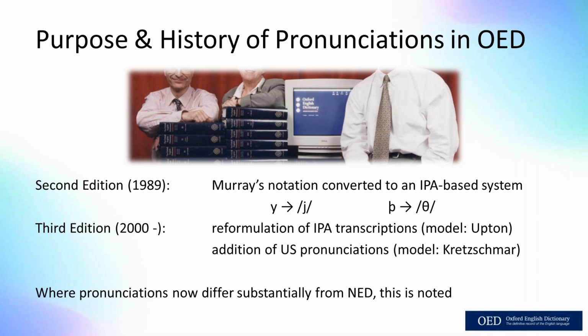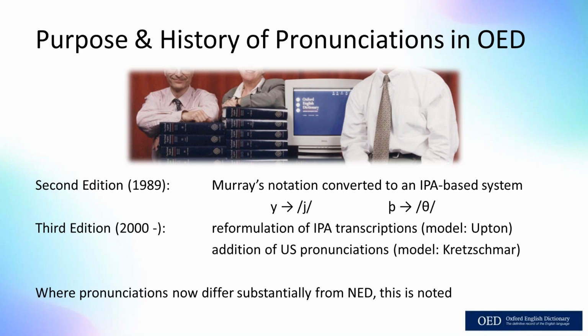So as Matthew mentioned just now, for instance, in the examples on the slide, Murray used a Y-like symbol for the sound y, and then in the second edition, moved to the IPA symbol that looks like a lowercase j. Murray's choice of a thorn moved to the IPA's choice of the theta for the sound th, and so forth.